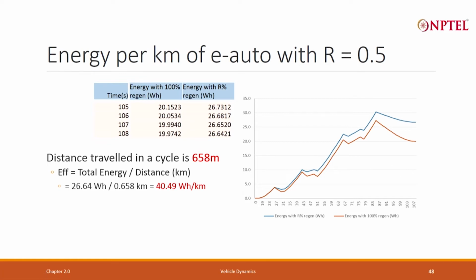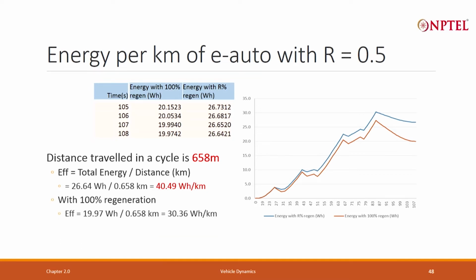So, you actually find out that the total energy required, if I take regeneration of approximately 50%, which is by the way high. I had told you that 25 to 30% is what we will actually get. It is about 26.64 watt hour, that is the total energy consumed. You have travelled 658 meters, we had just seen. So, you actually consume in an auto approximately 41 watt hour per kilometer, assuming 50% regeneration.